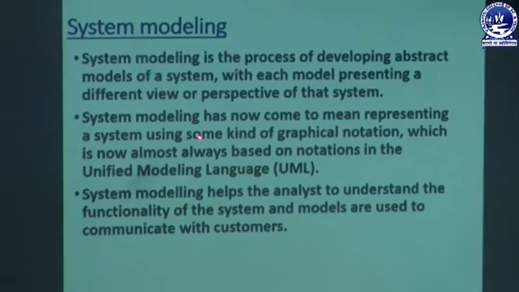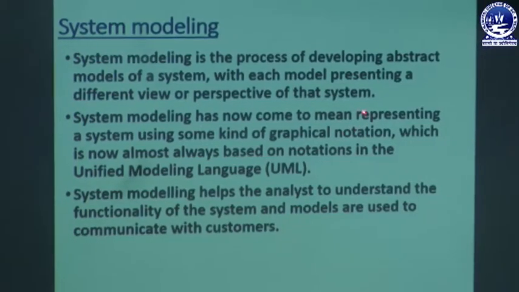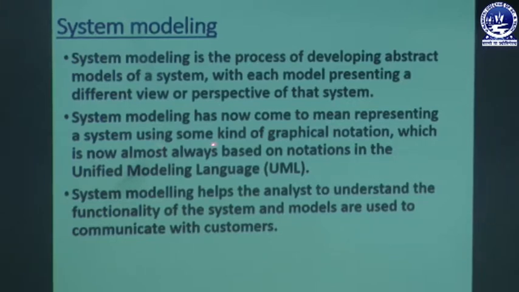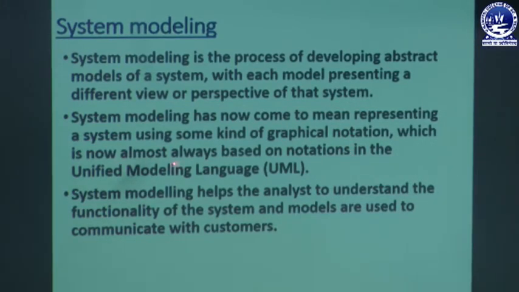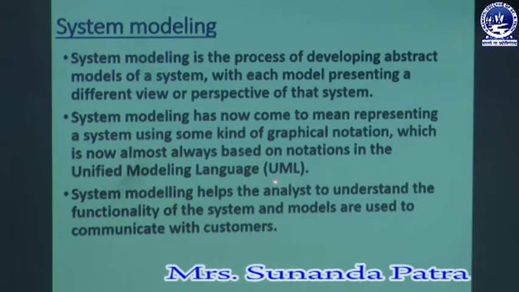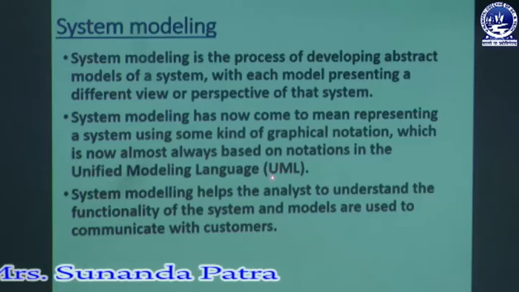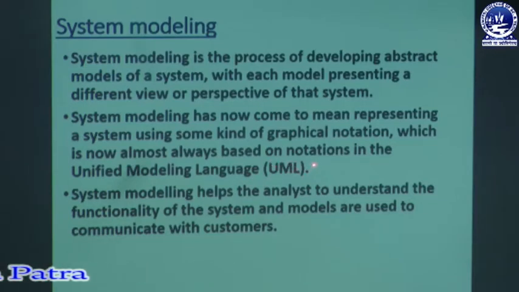So system modeling has now come to mean representing a system using some kind of graphical notation, which is now almost always based on the Unified Modeling Language, UML. So with the help of UML, the system model can be achieved.